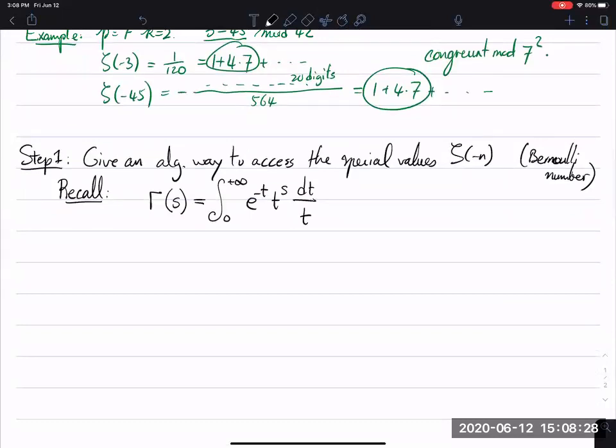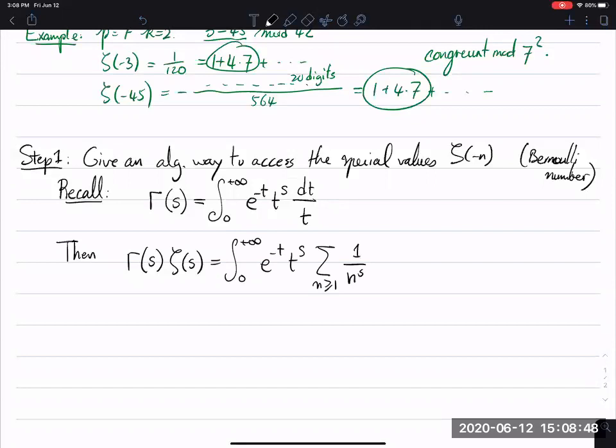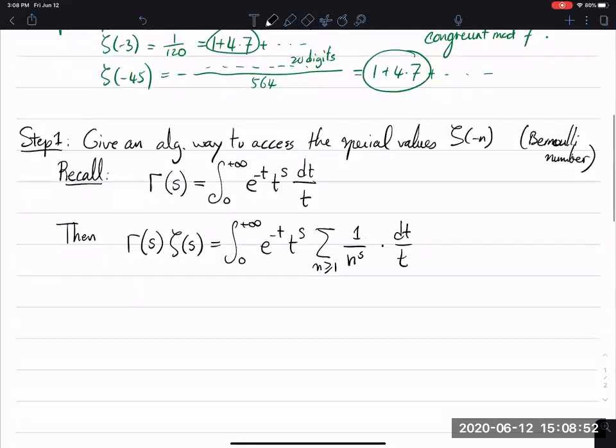Then, if I multiply the Riemann zeta function with this gamma of s, putting these together, I get e to the negative t, t to the s, and the sum of 1 over n to the s, times dt over t.